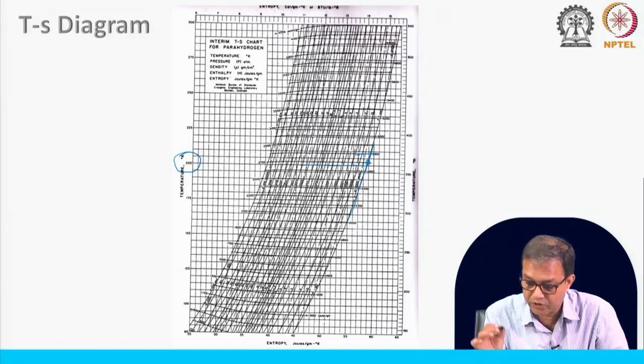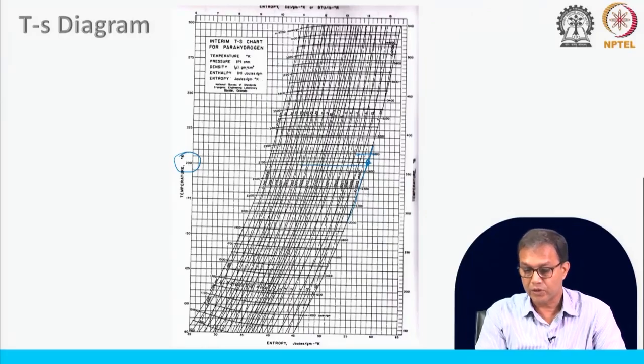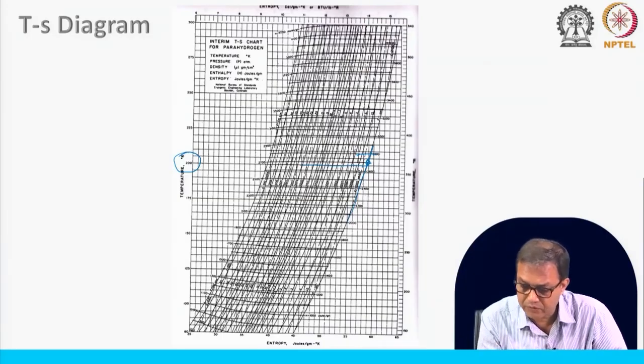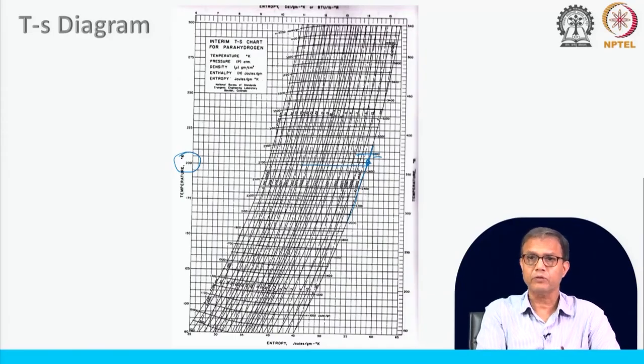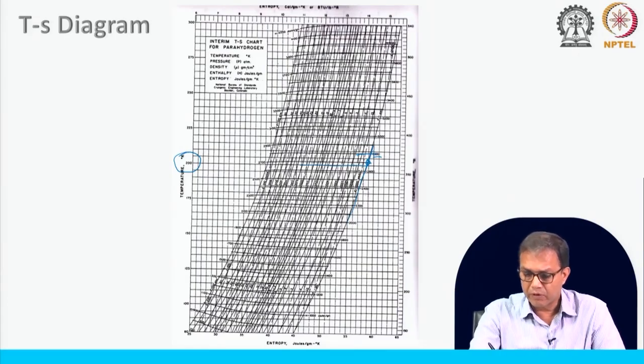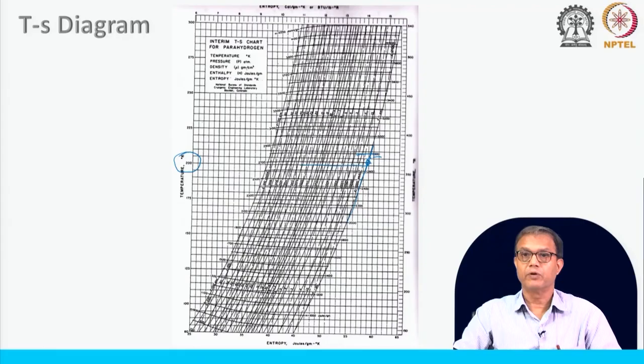So, it is an interpolation, and we have to interpolate linearly between these 2 points. It will be about half of it, 2650 or so.